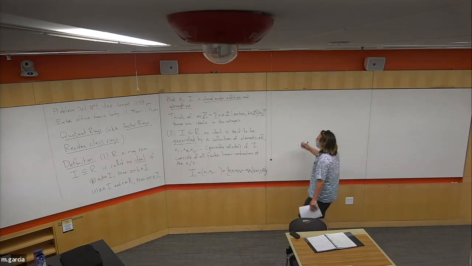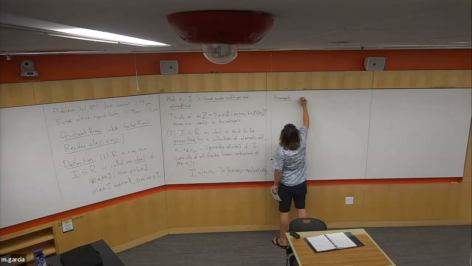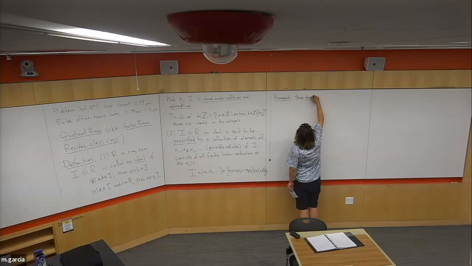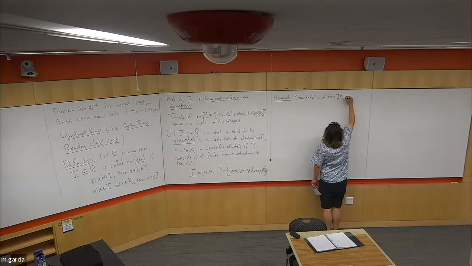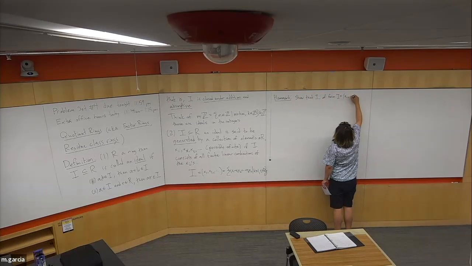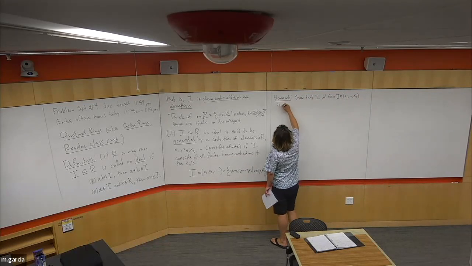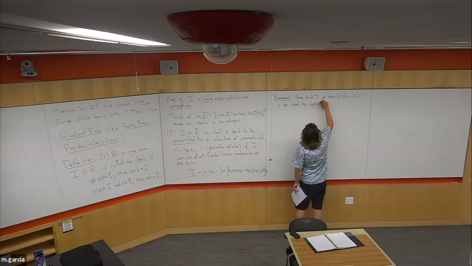So basically, let me interlude this homework. Show that I equals the ideal generated by x1 through xk, say just the finite case, is an ideal by definition 1.